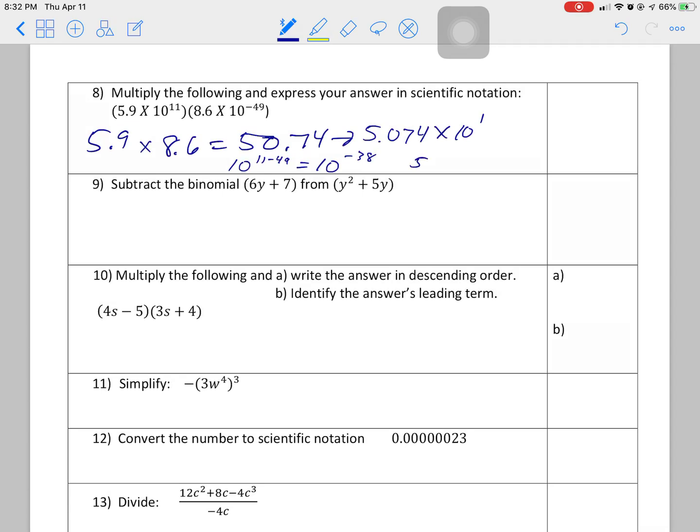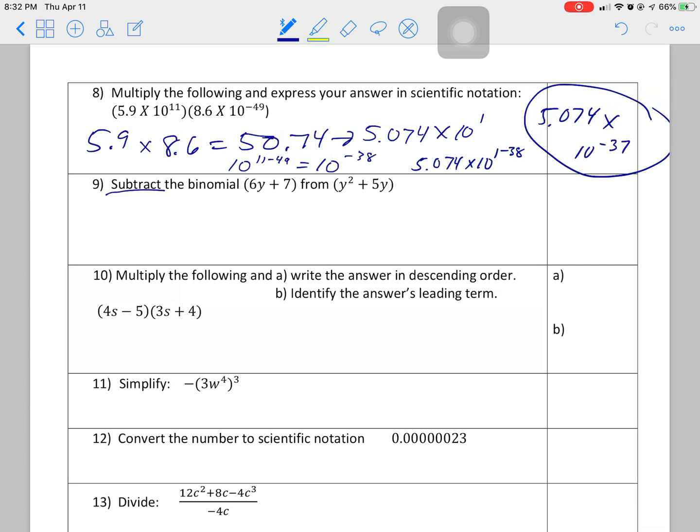So 5.074 times 10 to the 1. Wait a minute, I don't like that. 5.074 times 10 to the 1 minus 38 should be 5.074 times 10 to the negative 37. That's the answer for that one.